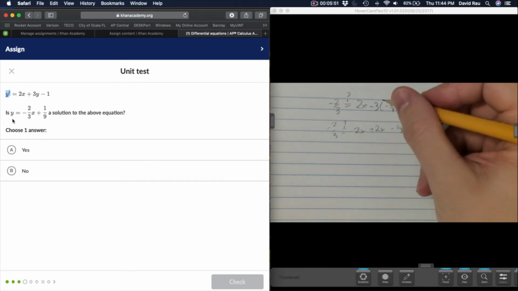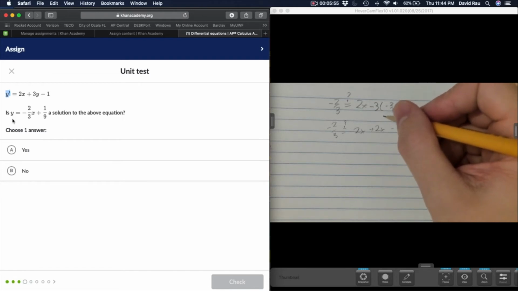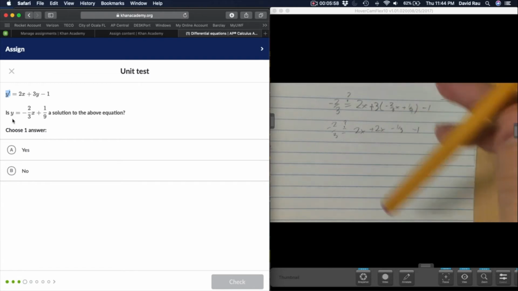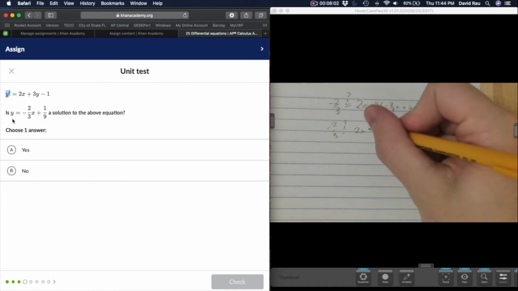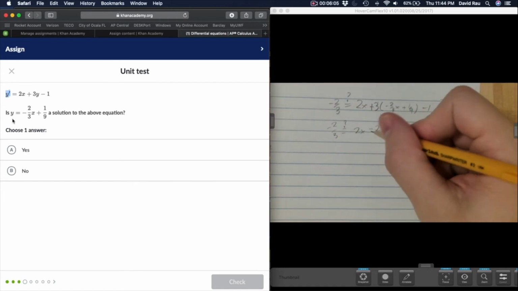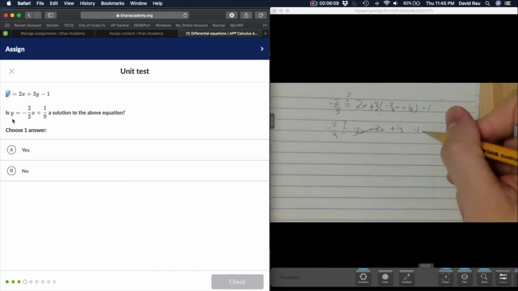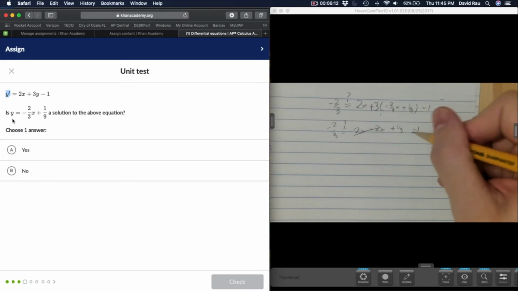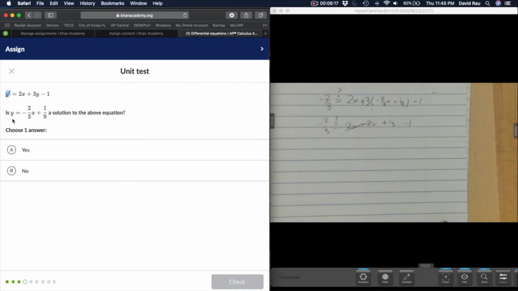Oh sorry, it's plus, so I have made a grand mistake, silly me. So that should still be negative, that should still be positive, so the 2x and negative 2x cancel out, and then I have positive 1/3 and negative 1, and that means I'll be left with negative 2/3. Does negative 2/3 equal negative 2/3? The answer is yes. So it is a solution.